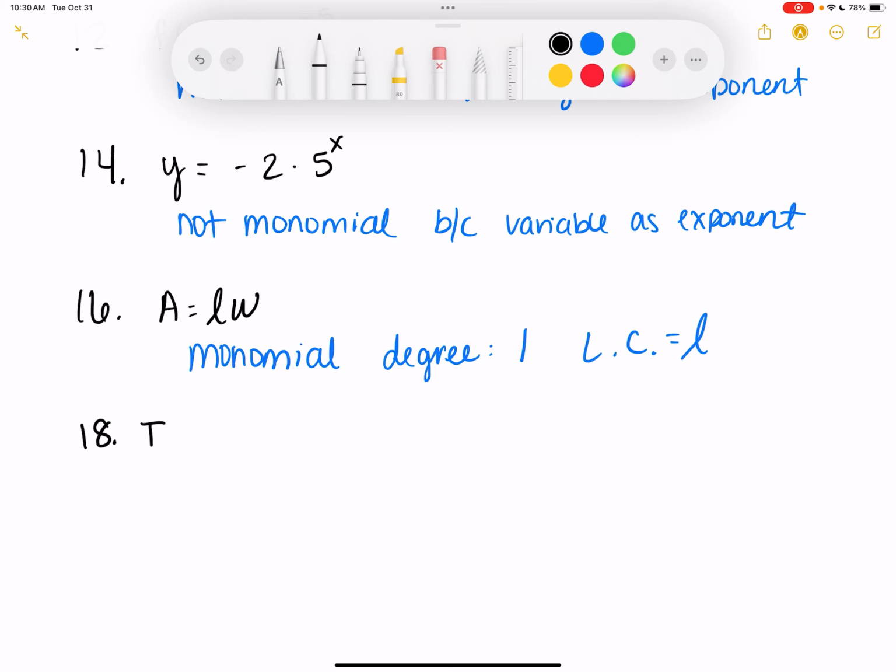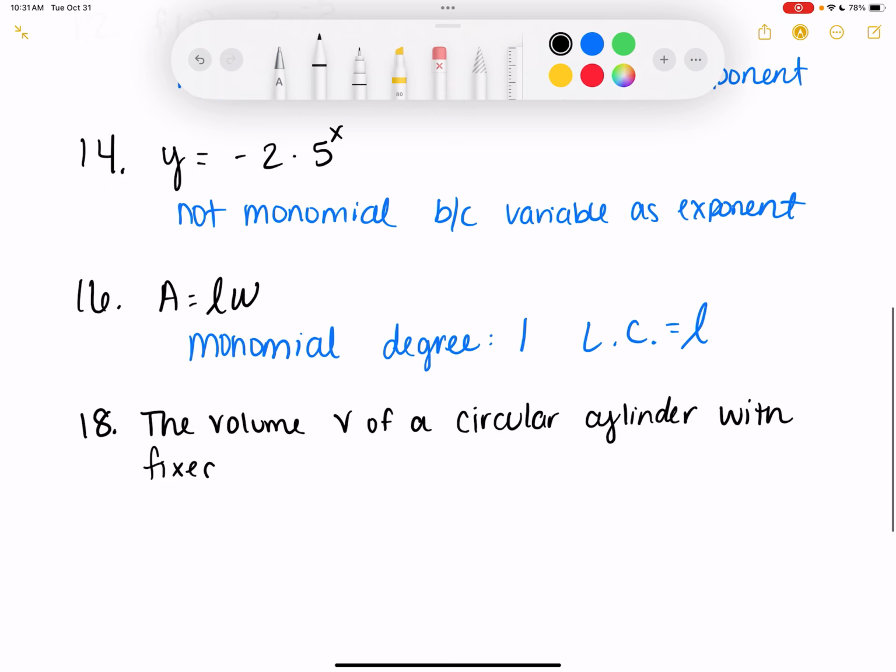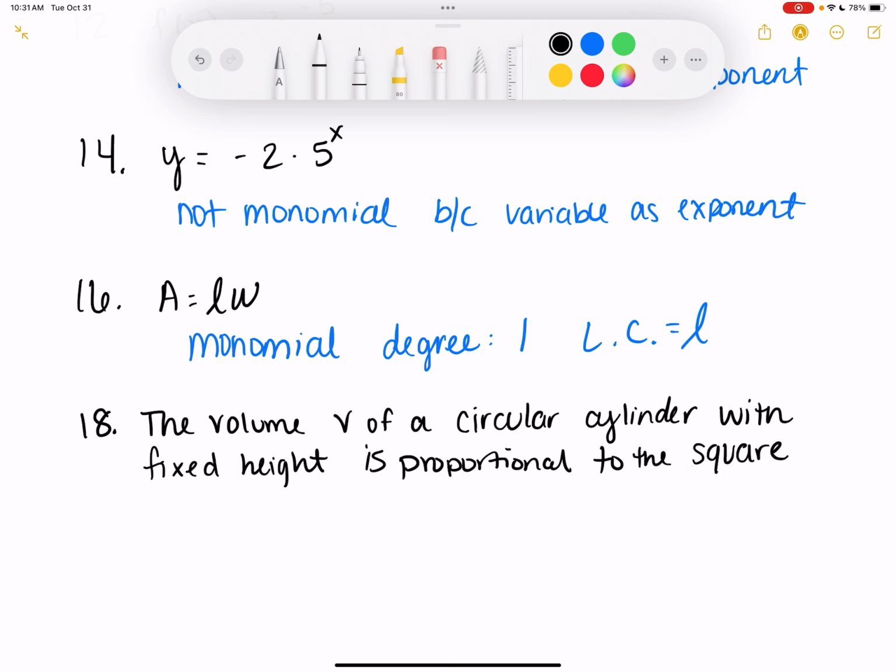The volume V of a circular cylinder with fixed height is proportional to the square of its radius r.